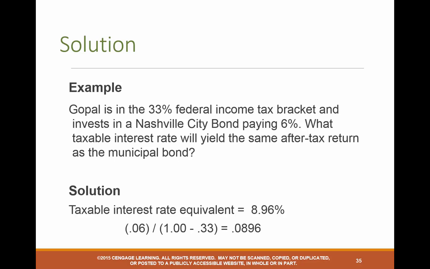So here's the math. 0.06 divided by 1 minus his tax rate, right? 100% minus 33%.